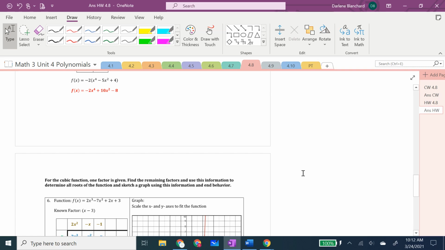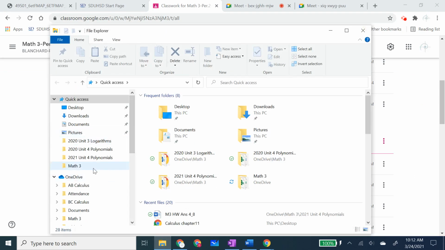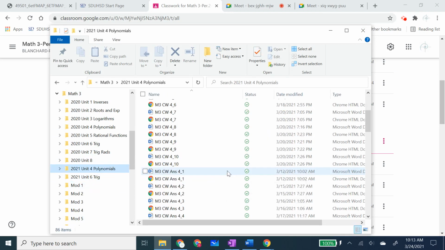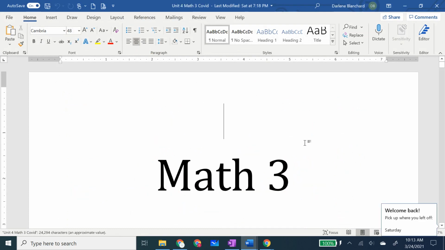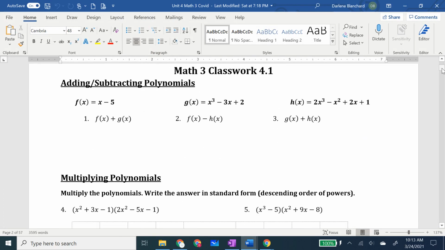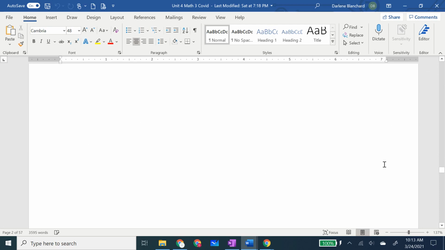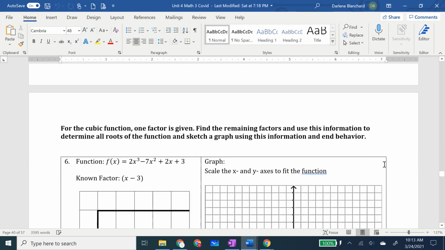Let me find that. I named the packet COVID because I had to break it up into smaller pieces. Okay, let me see where I put the homework. So there's 4. Oh, no, there we go.